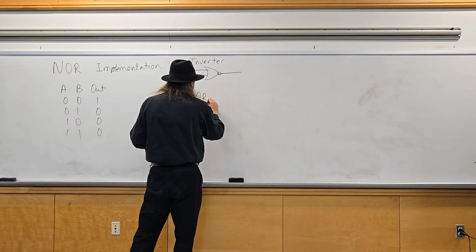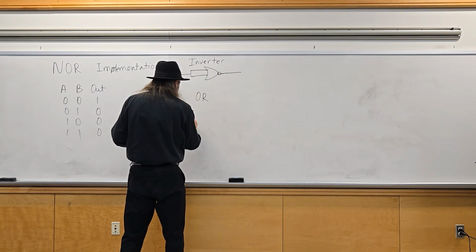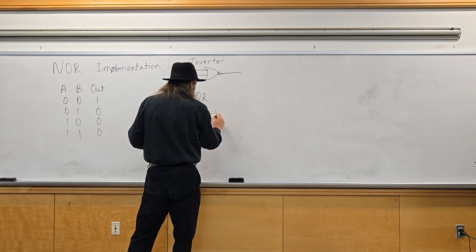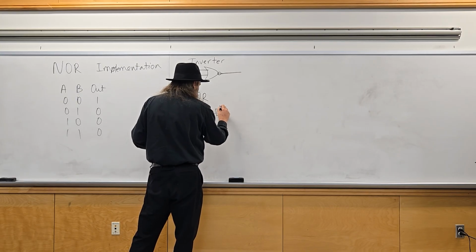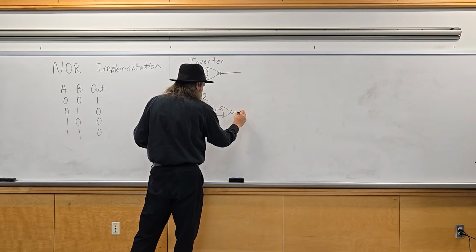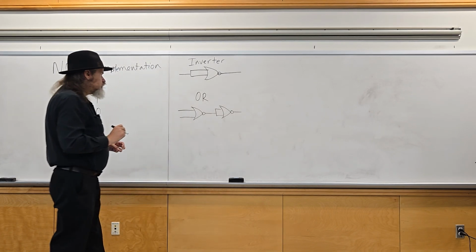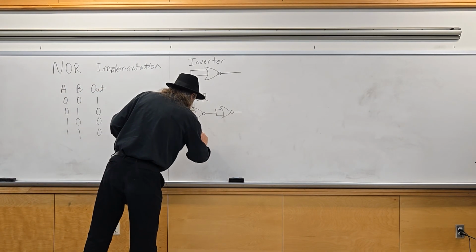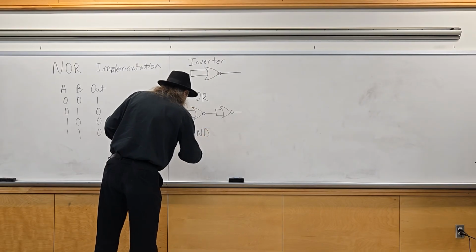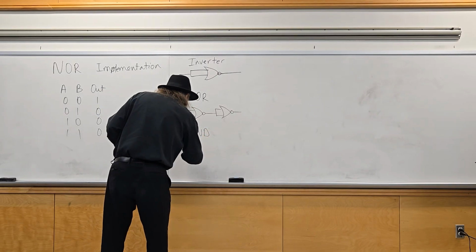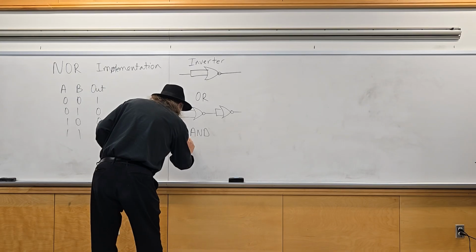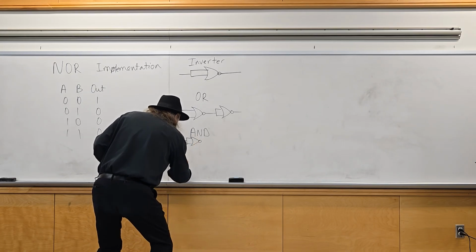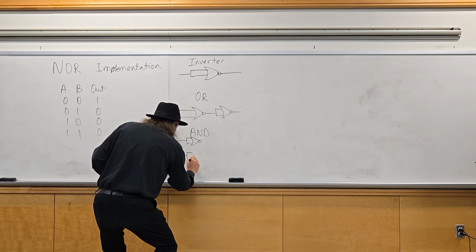The OR gate is a NOR gate with an inverter after it. And the AND gate is the NOR gate with the two inputs inverted.